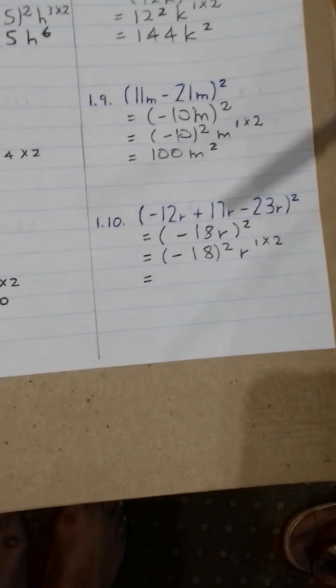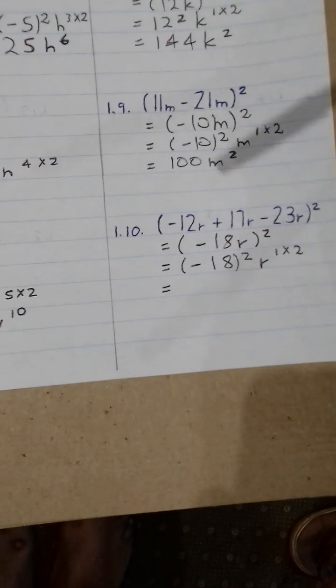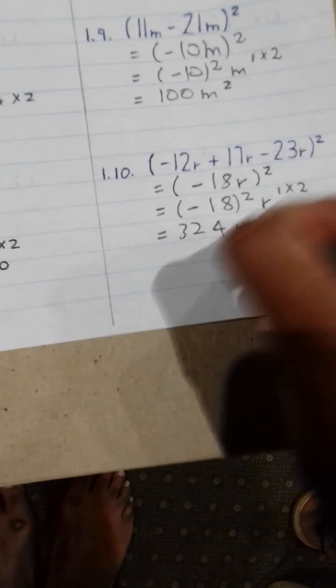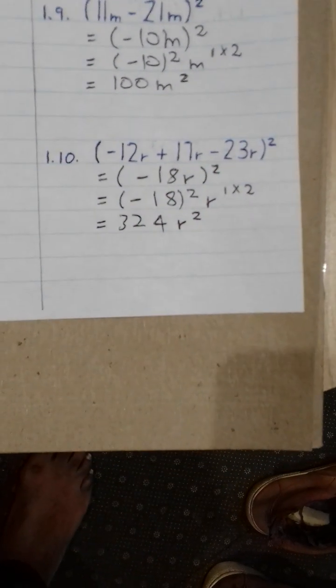So it's going to be negative 18 squared, r to the power of 1 times 2. Negative times negative, positive. 18 times 18, 324. R, 1 times 2 is 2. So the final answer is 324r squared.